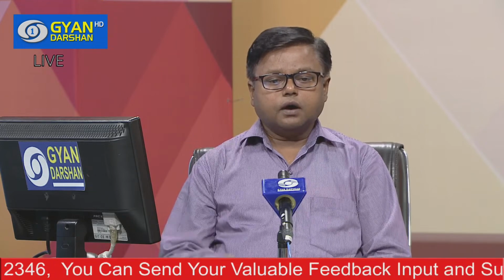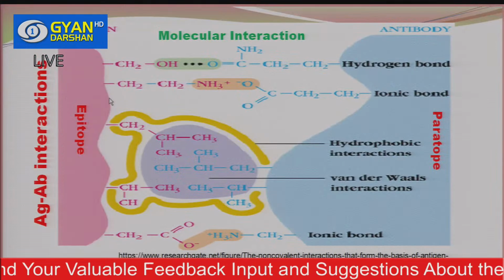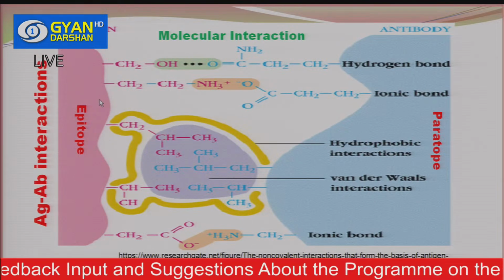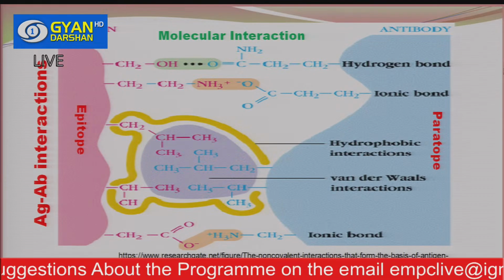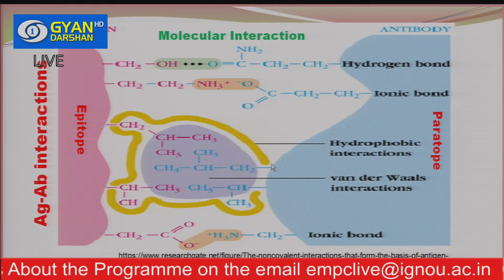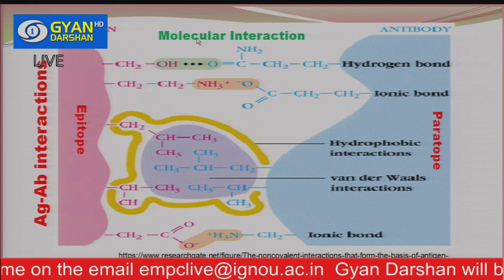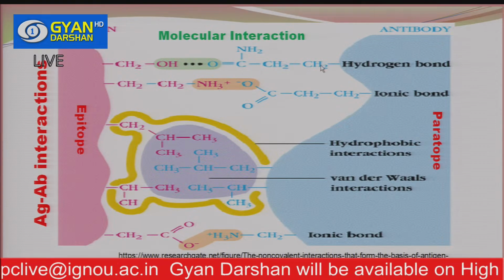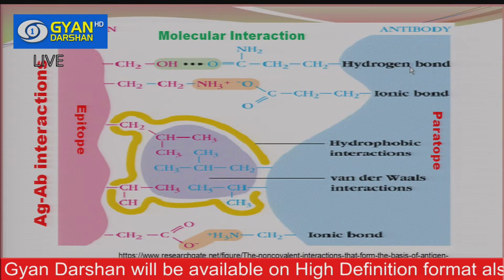You can see in my figure, here is the antigen antibody interaction. This is the epitope, which is available on the antigen, with various 3D structures on the epitopes. These are the paratopes, which are available on the antibodies. It is the molecular interaction, with the various bonds available in the paratopes and epitopes. They bind together, like hydrogen bonds.